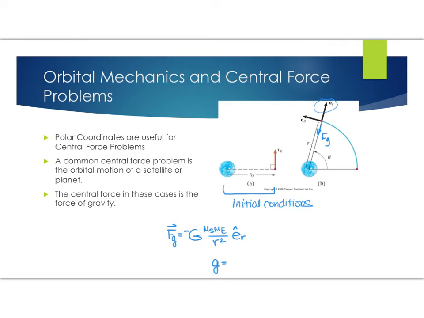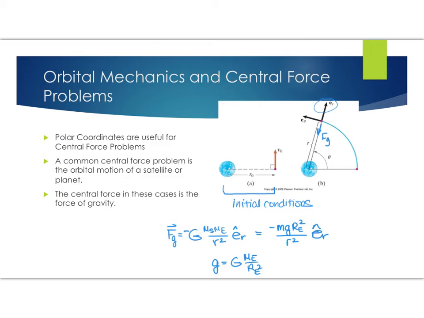Our acceleration of gravity would be big G, mass of the Earth, over radius of the Earth squared. So we could substitute this in and rewrite this as minus m g r e squared over r squared. So that's how we're going to write our force of gravity.